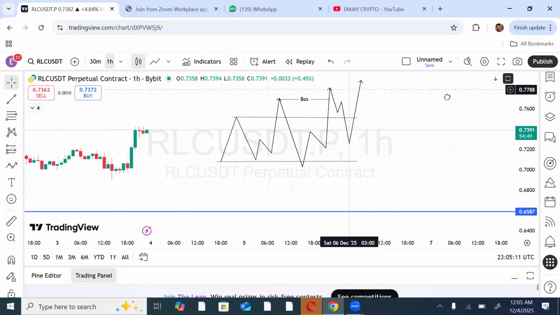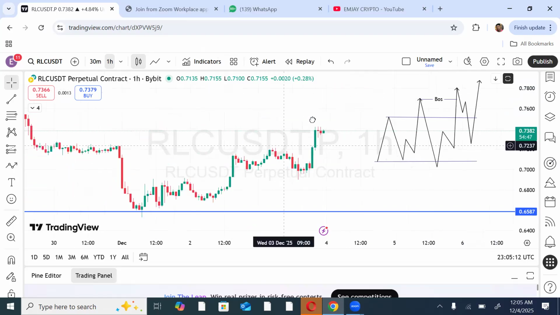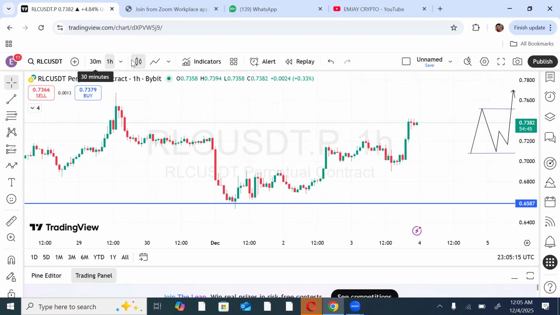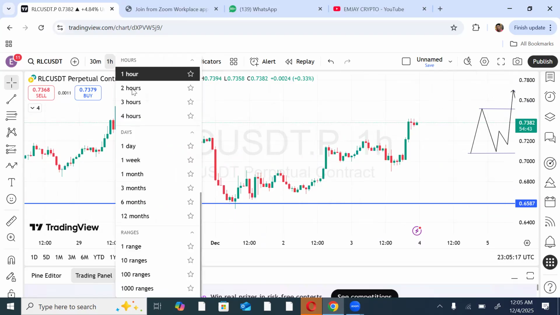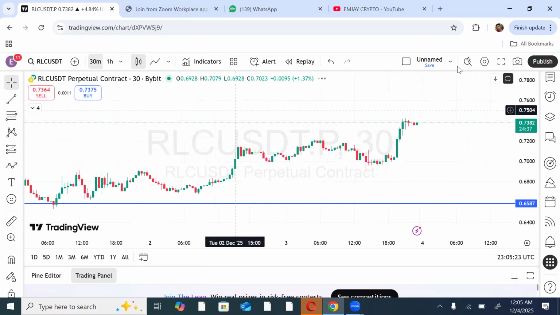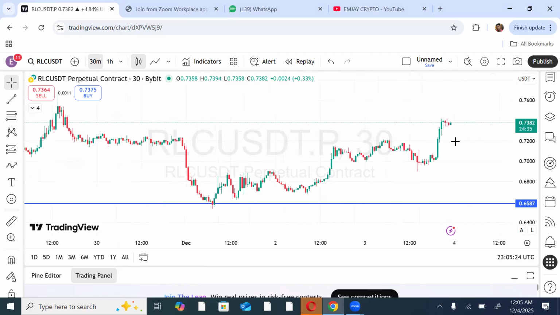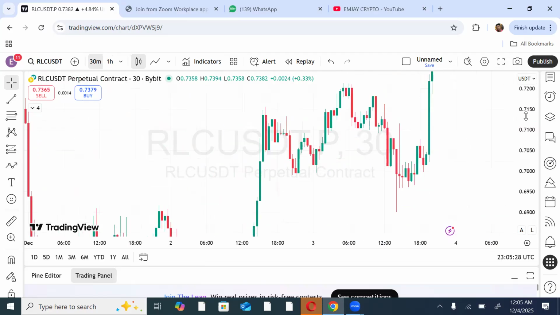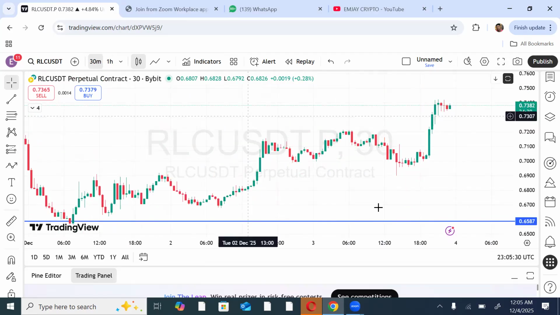All right, that's what I'm waiting for. So right here, I'm just going to switch to a lower time frame so that everything becomes very visible. I'll put it on 30 minutes first and show you how I would approach this trade in particular, right?